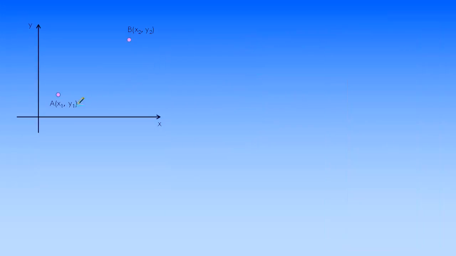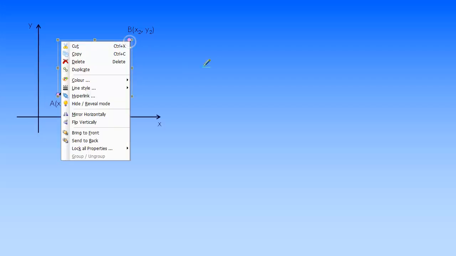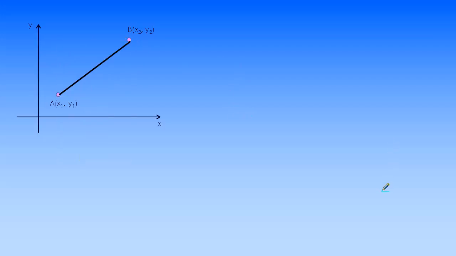Now let's look at this in general. We have 2 points, A and B, and we want the distance between those 2 points. So what we can do is form a right-angled triangle, and then we're going to make use of Pythagoras' theorem.